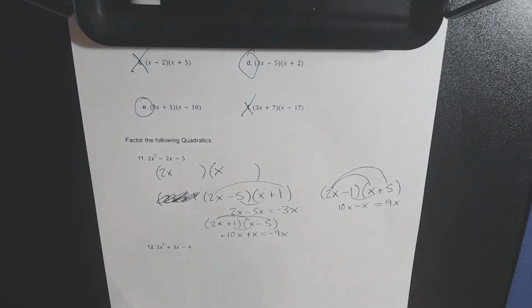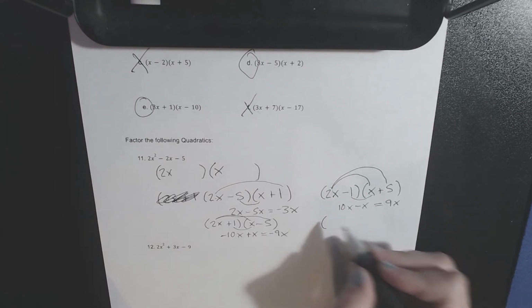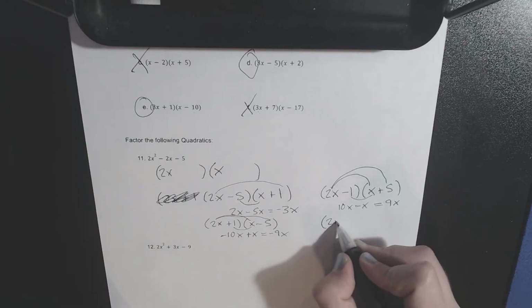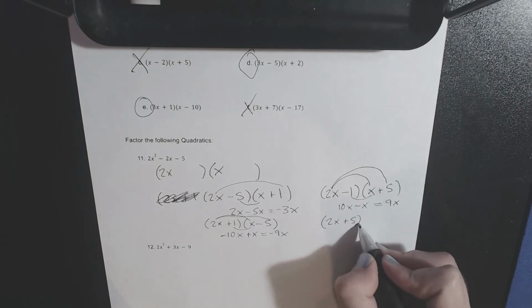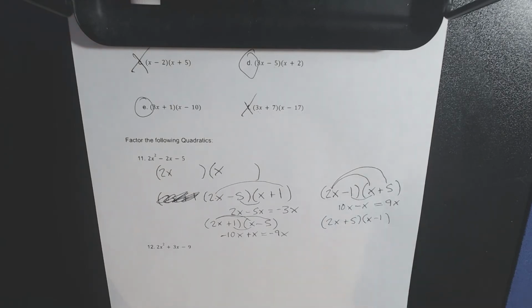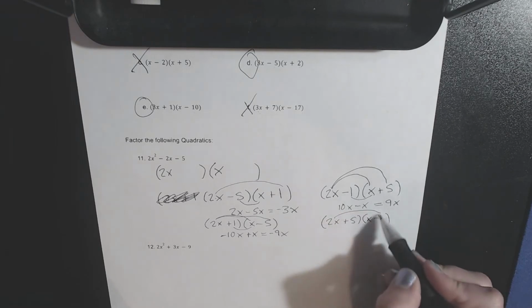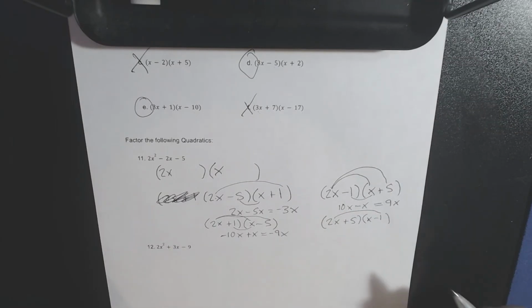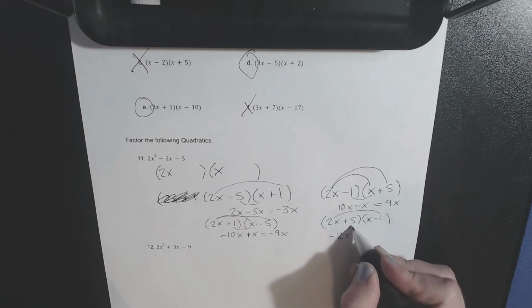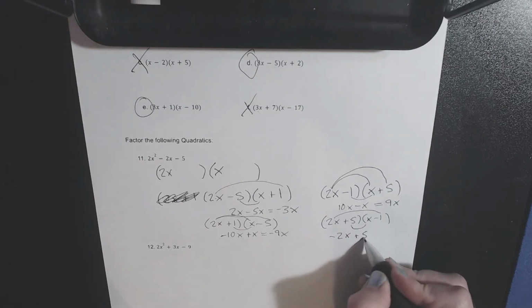We're getting close, hopefully. I think there's only one more option, right? So let's do 2x plus 5 and then x minus 1. I think maybe there's a typo on this one. We'll see. But we'll multiply this. 2x times negative 1 would give us negative 2x, and then 5 times x is 5x.